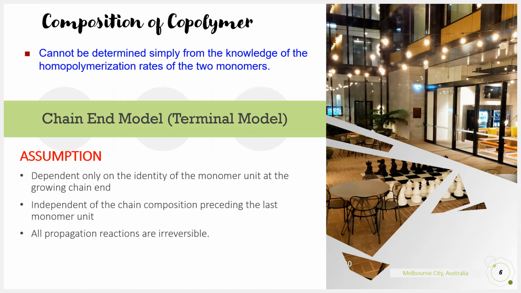The chain end model assumes that the reactivity of the propagation reaction is governed only by the nature of the monomer and of the terminal unit of the growing polymer chain. It depends only on the identity of the monomer unit at the end of the growing chain, independent of the chain composition preceding the last monomer unit, and all propagation reactions are irreversible.